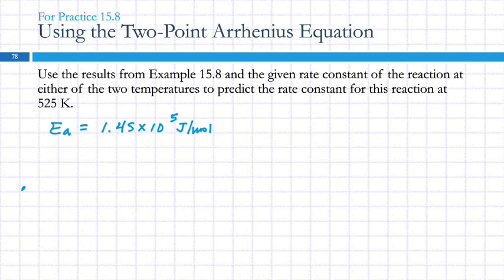And we're going to use K1 and T1 from the previous slide. I happen to remember the first one and not the second one, so I'm using that one. We want to find K2, and we know that T2 is 525.